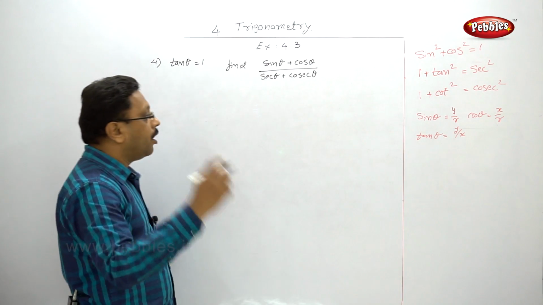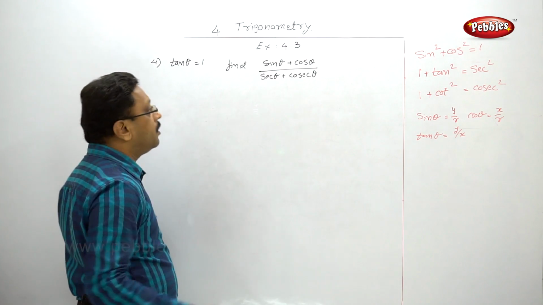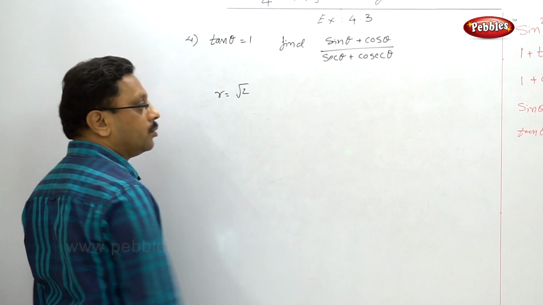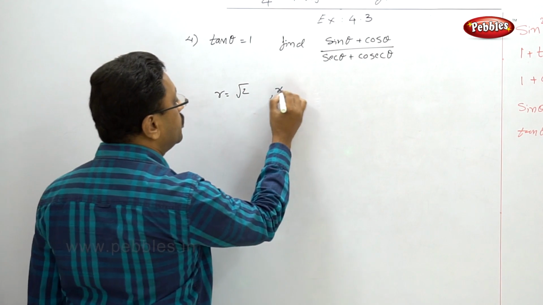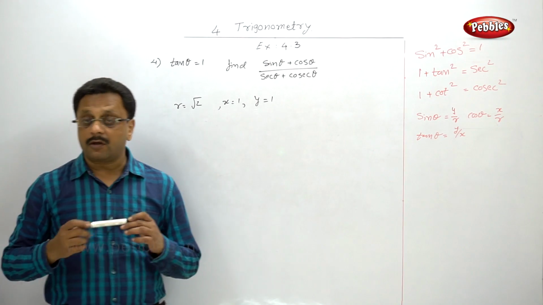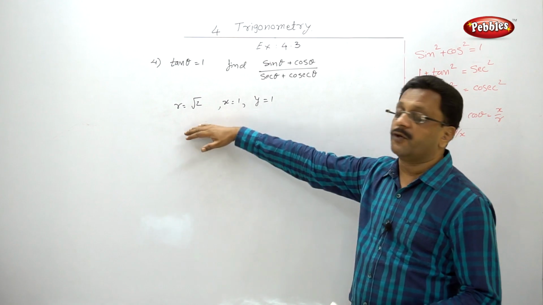Or the second method is, now first of all find the value of r is equal to root 2. Okay? x is equal to 1, y is equal to 1. They have not given that solve by the identities, so I am solving by the first method.